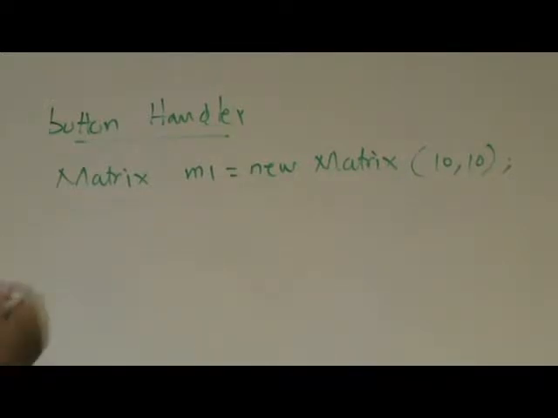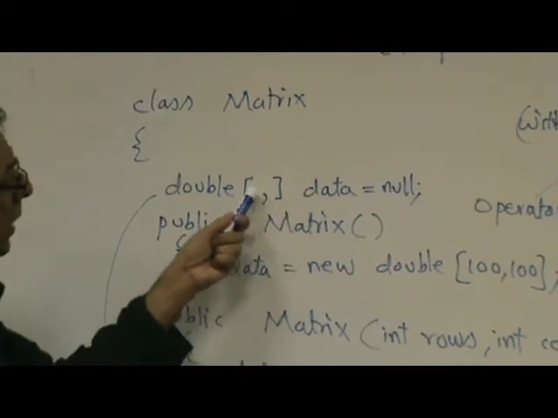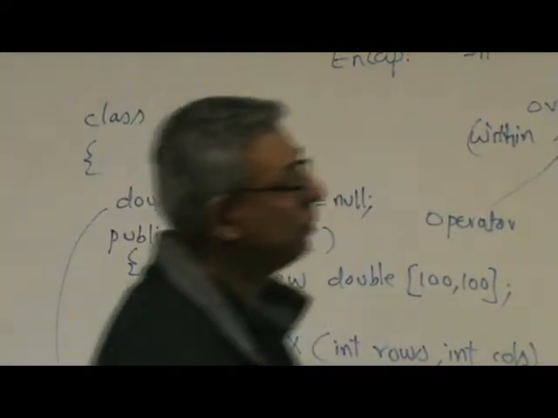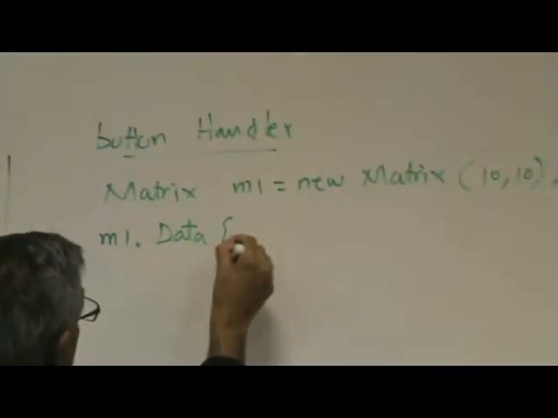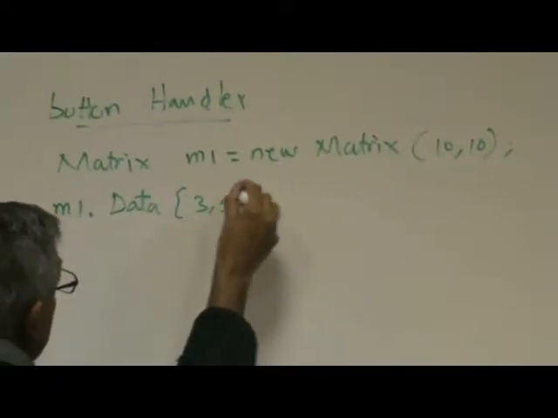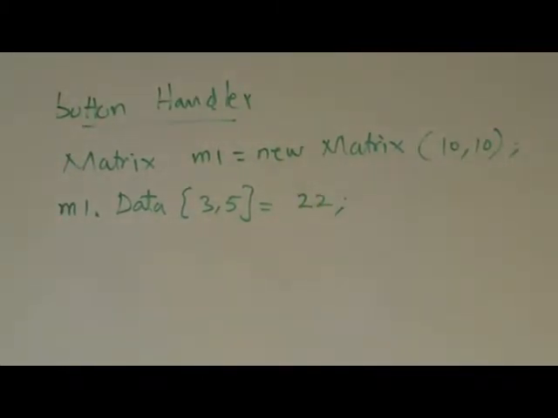What will the user say? M1 dot, see, we wanted to store something in row 0, column 0 location, right? Data is the two-dimensional array where we store. So somebody will have to say M1, and this is outside the class, so they'll have to go through the public property double, correct? So they will have to say M1 of data, for example, 3, 5 equal to whatever, 22. Okay, and they'll be able to access it.